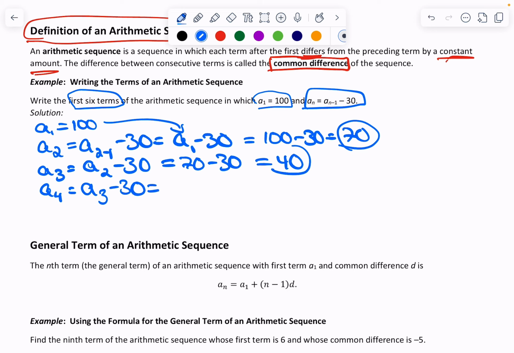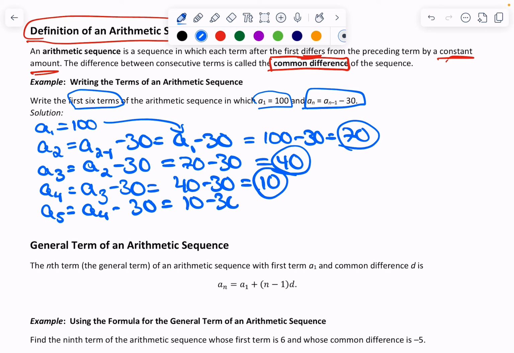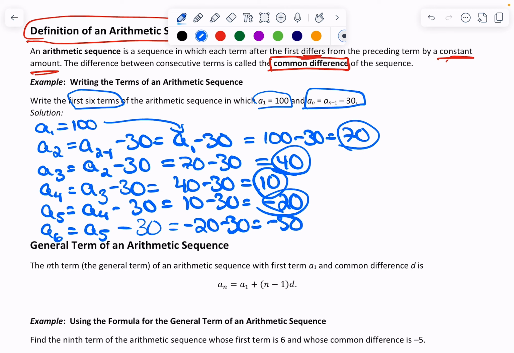Our third term is 40, minus 30 equals 10. Our fifth term is going to be the fourth term minus 30. The fourth term is 10 minus 30, which is negative 20. And then our sixth term is going to be the fifth term minus 30, so negative 20 minus 30, which is negative 50.